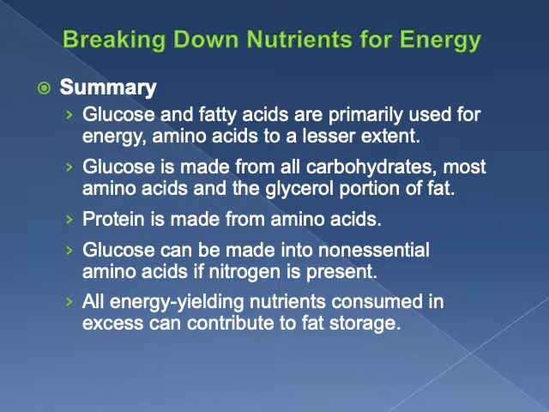So all of those can make glucose. Protein is only made from amino acids. Glucose can be made into non-essential amino acids if nitrogen is present, and so can glycerol. And then all energy-yielding nutrients consumed in excess can be converted to body fat and contribute to our storage of fat in the body.